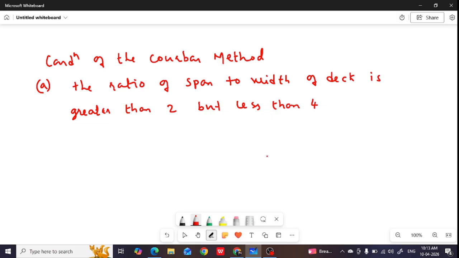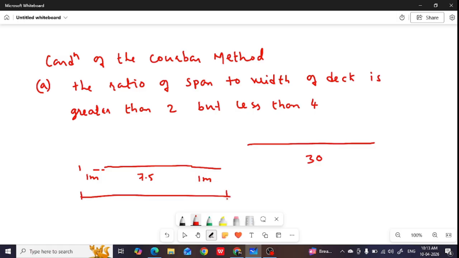Now in our case the span of the bridge is 30 meter, okay, and the width of the carriageway is 7.5, and you are providing 1 meter and 1 meter, for example, the footpath. So total width of the bridge is 9.5. Okay, span to width, 30 divided by 9.5.